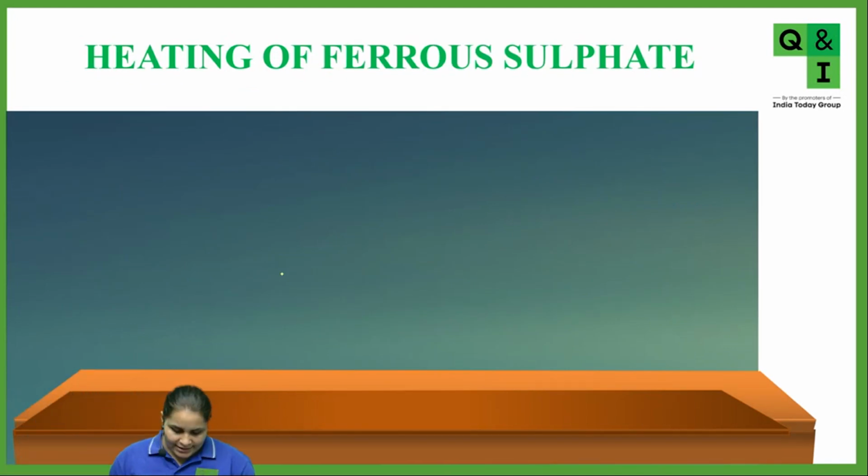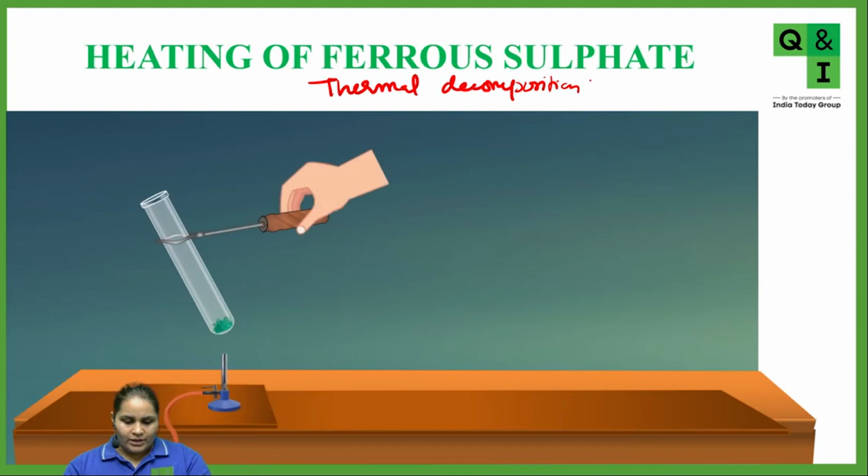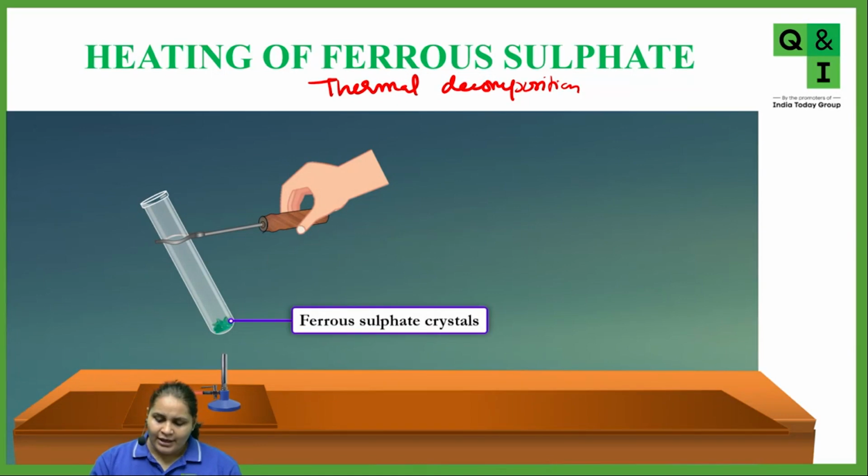So again, this is another example for thermal decomposition, where you are heating ferrous sulfate. Fine. So here we take a test tube in which ferrous sulfate, which is actually green in color, right? Green crystals.